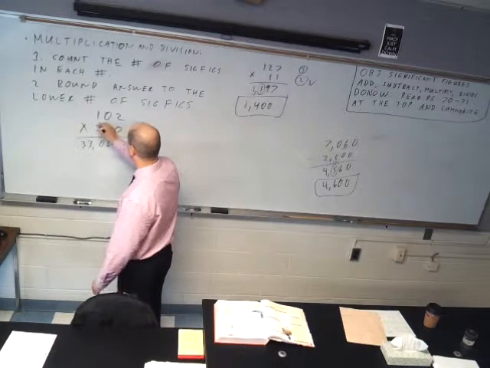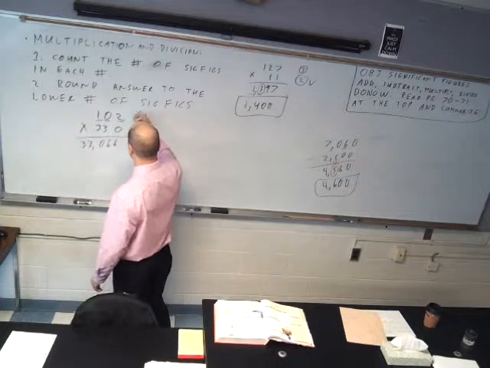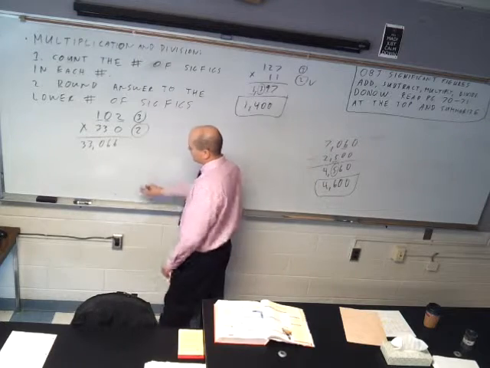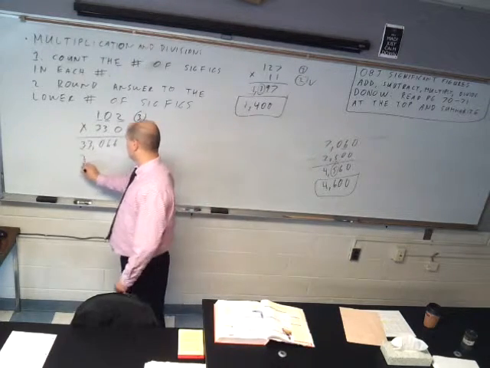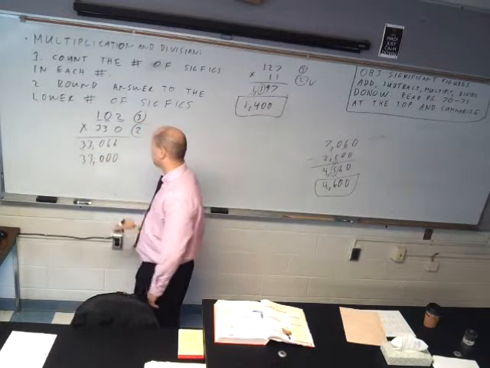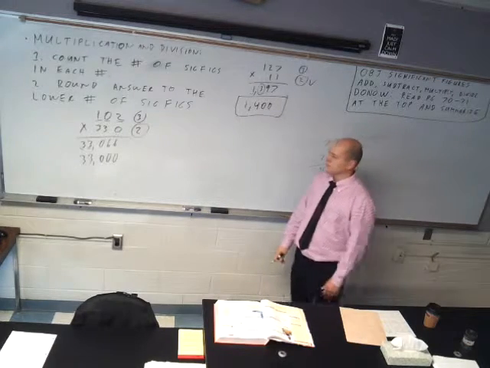Oh, 2. Yeah, the zero is in between significant figures, so that's 3. Bottom number? 2. So how many does our answer have to have? 2. So what's the answer? 33,000. The number after this 3 is a 0, so it stays at 3. Don't round this and call the answer 33, right? So I gotta put the zeros in.